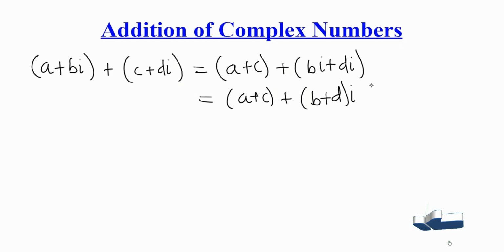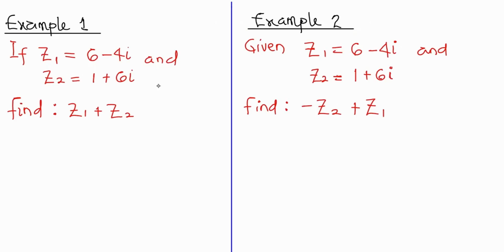Now, let's take examples on the addition of complex numbers. Example 1 says that if z1 is equal to 6 minus 4i and z2 is equal to 1 plus 6i, find z1 plus z2.